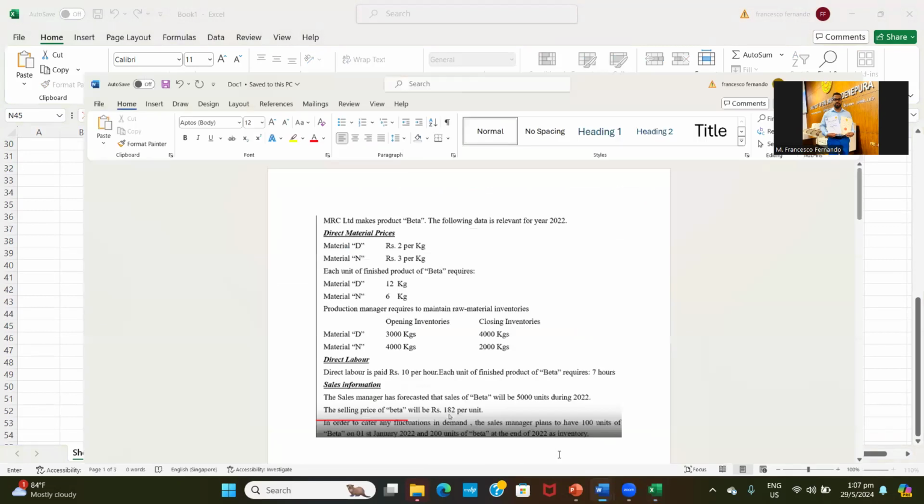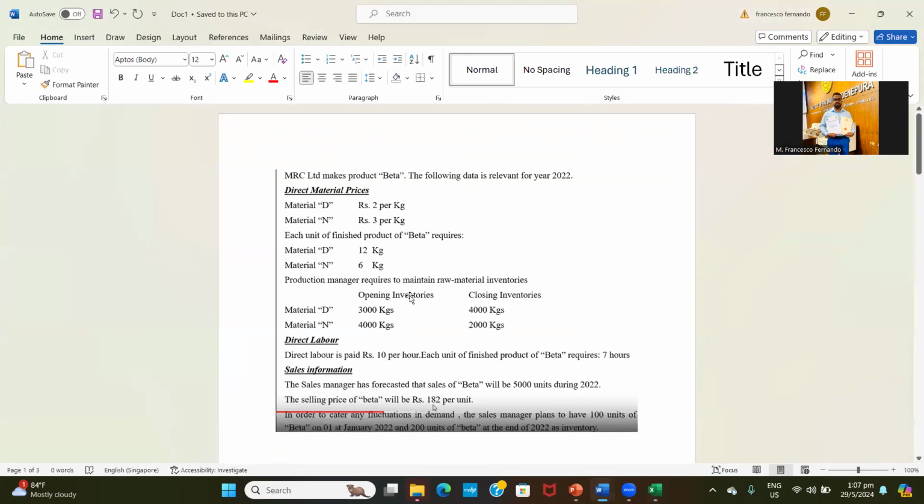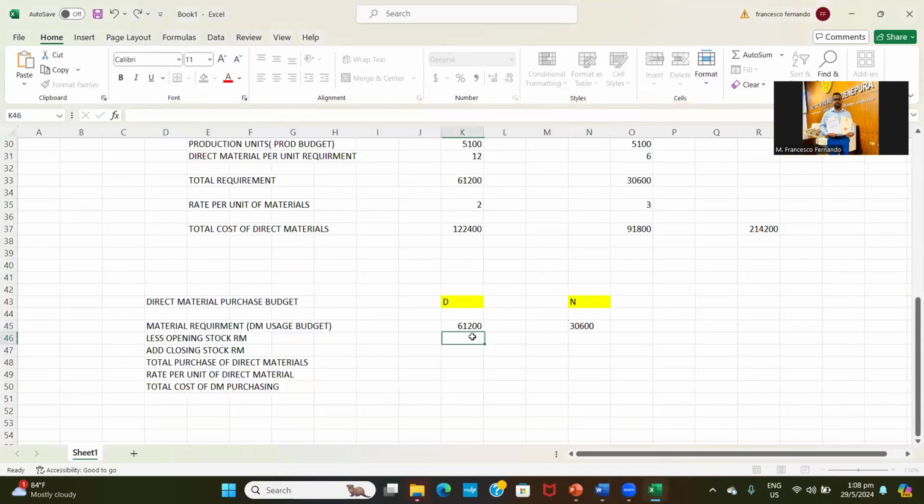In the question it is 3,000 for material D and 4,000 for material N, and the closing stock of material D is 4,000 and 2,000 of material N. So let's substitute the values: 3,000 and 4,000. Then for closing stock, 4,000 and 2,000.